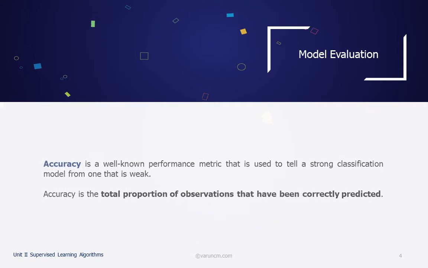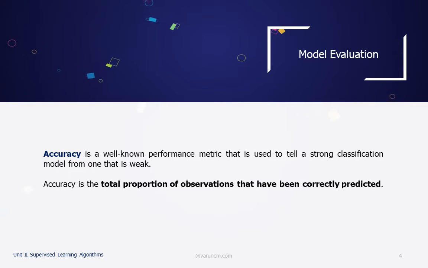The first method we are going to look into is accuracy. Accuracy we know very well. It is a well known performance metric which deals with identifying accurate predictions. The accuracy metric is used to distinguish a strong classification model from a weak one.